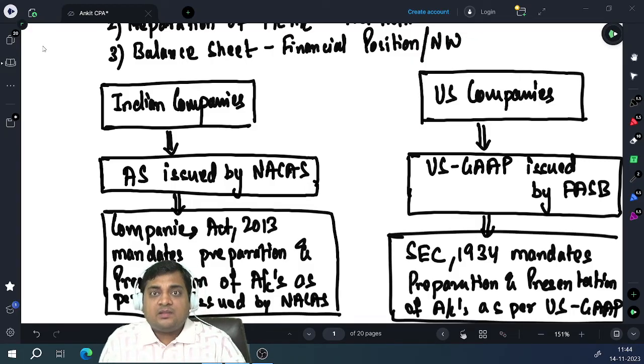Right? Now, SEC does not create US GAAP on its own. Basically, it again delegates responsibility to FASB. Right?